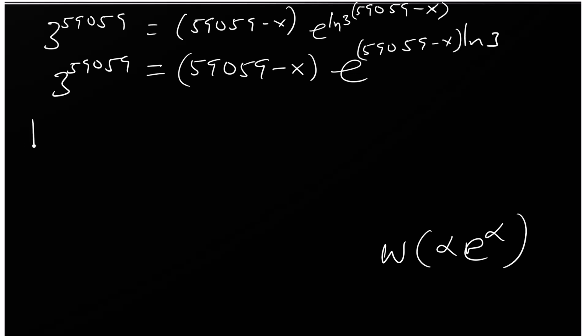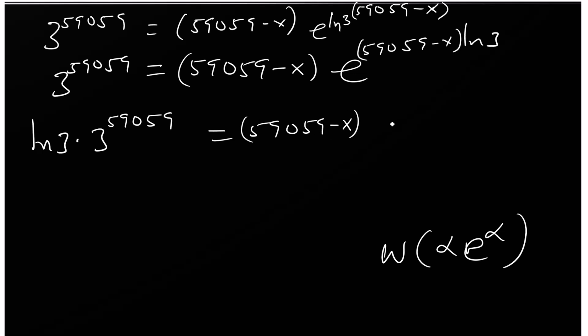So that will be ln of 3 times 3 to the power 59059 equals 59059 minus x times ln of 3.